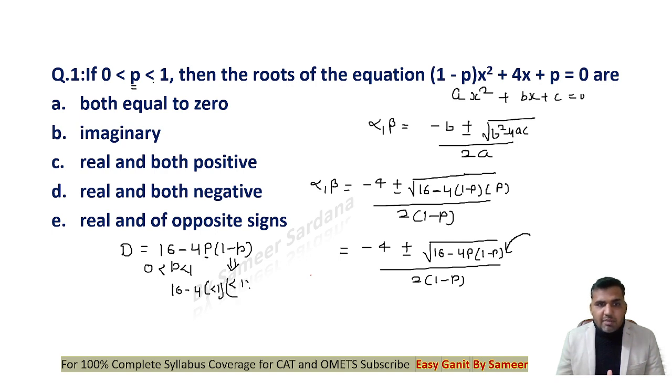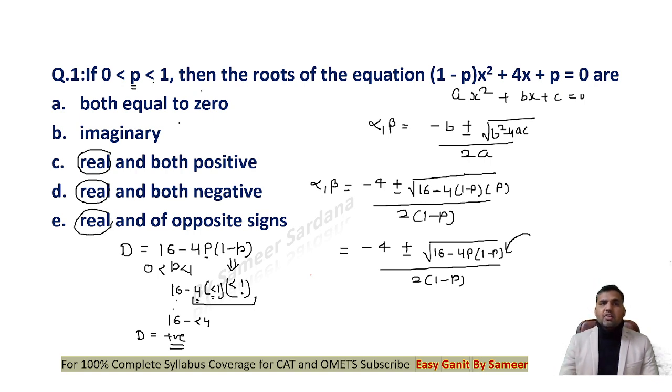So if I am multiplying the value of 4 with two values which are less than 1, can I say that 16 minus a value which is less than 4, can I say that this whole value will be less than 4? So if I'm subtracting something from 16 which is less than 4, can I say that my discriminant here will be positive? So the discriminant will be positive, can I say the roots will be real? So roots will be real, so my answer will be either C or D or E.